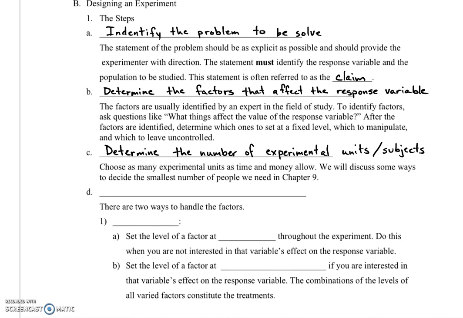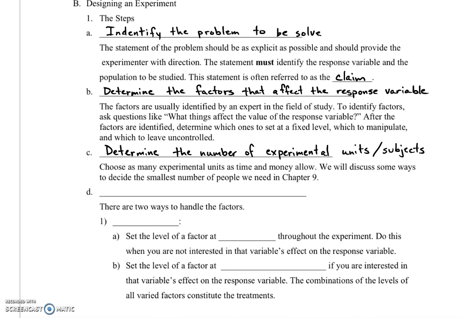So we want to choose as many experimental units as we have time and money for. And we'll discuss a couple ways to decide the smallest number of people we can get away with when we get to Chapter 9.